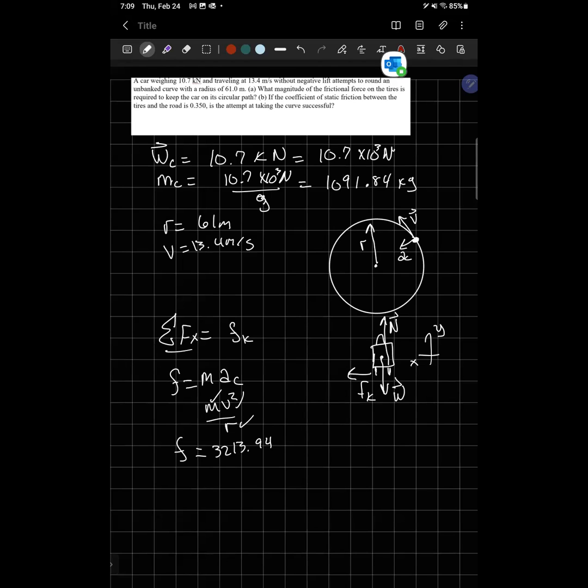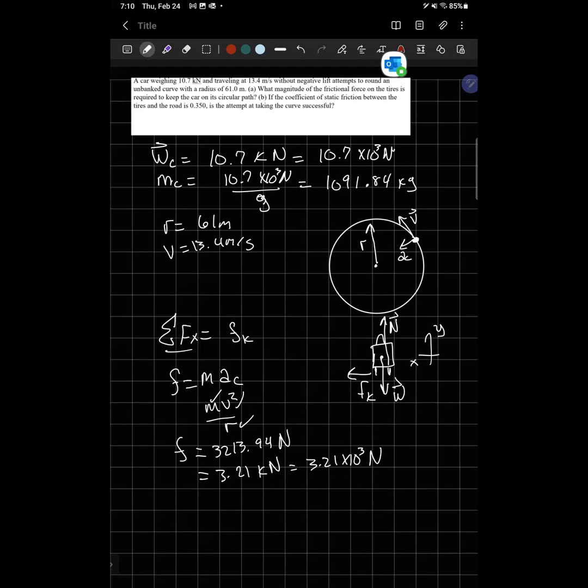Meters per... I don't know. It's newtons. Friction is still a force. And if you wanted to, you could also rewrite this as 3.21 kilonewtons, or 3.21 times 10 to the 3 newtons.